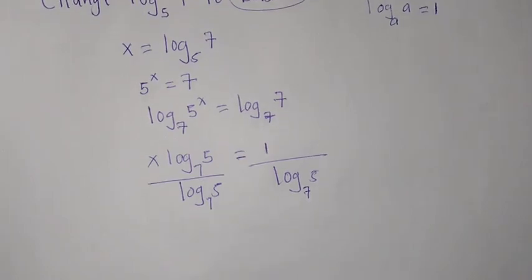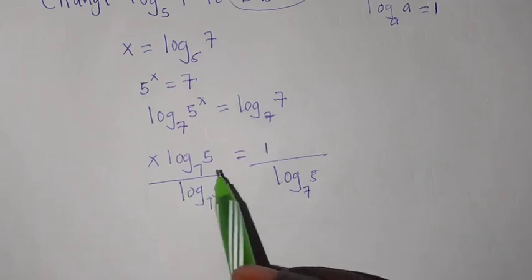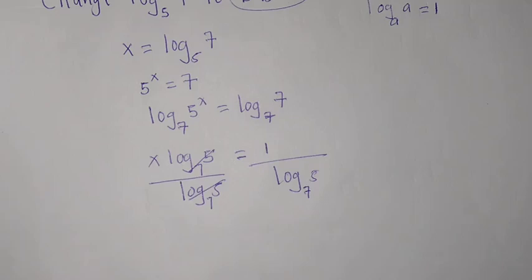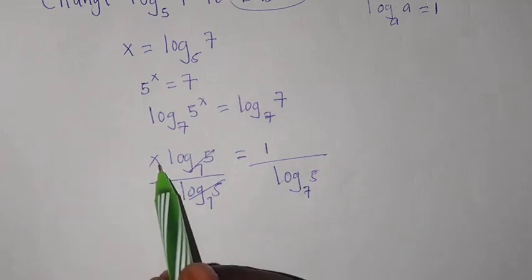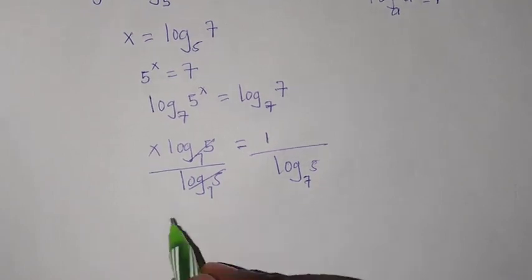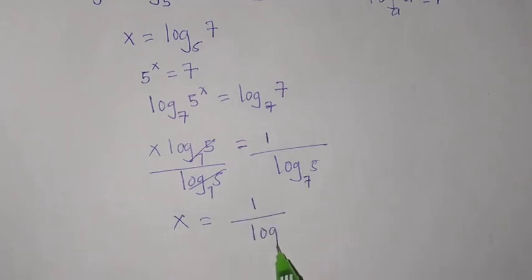So now when you cancel this and this, it's a 1. You just remain with x equal to 1 over log 5, then you write the base, which is 7.